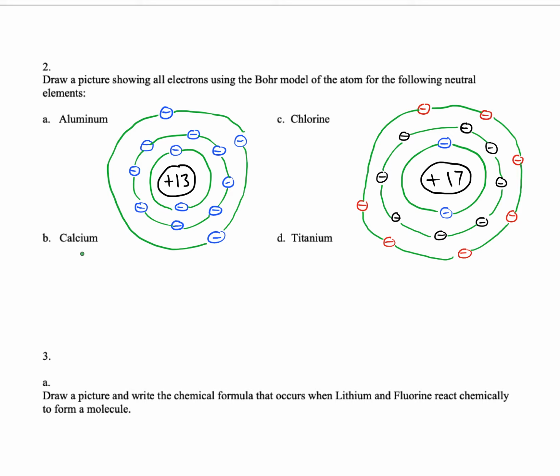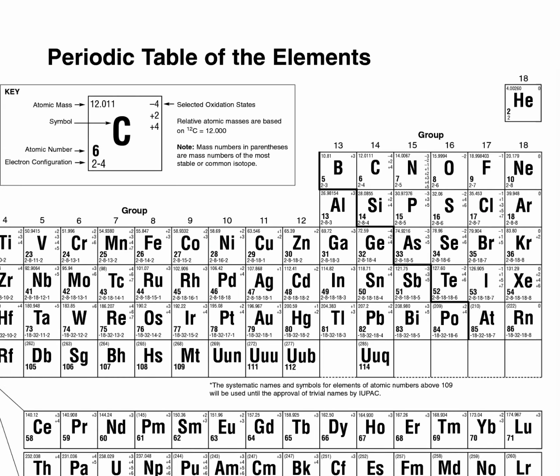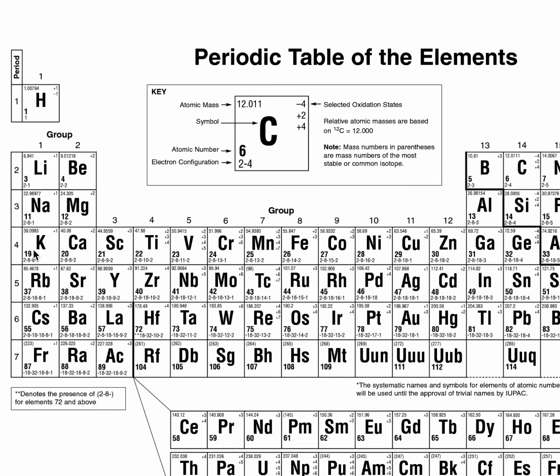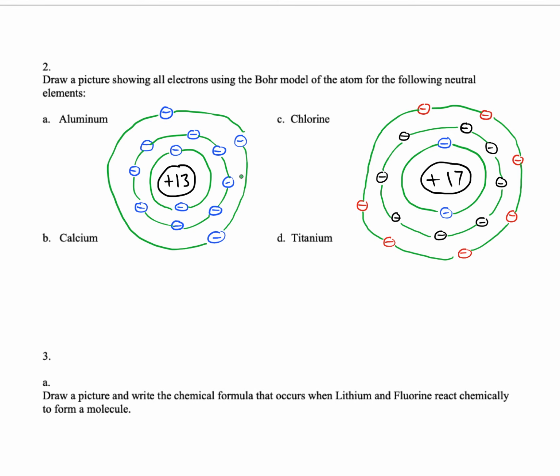All right, we want to draw what's happening with calcium here. So calcium is a bigger atom. It's got 20 protons. So we're talking about going to the 4th energy level here. So let's do plus 20 for the nucleus.